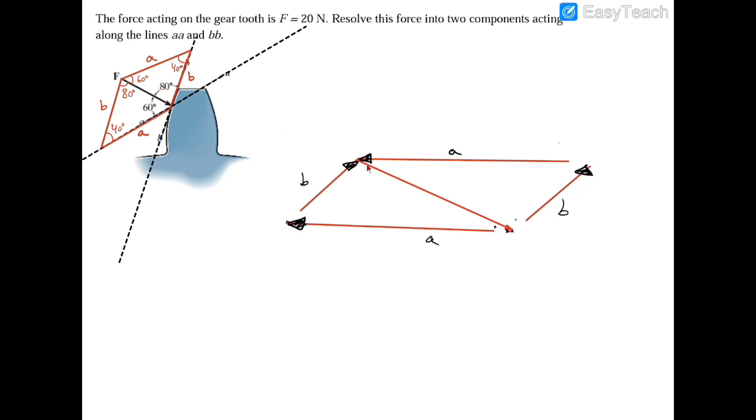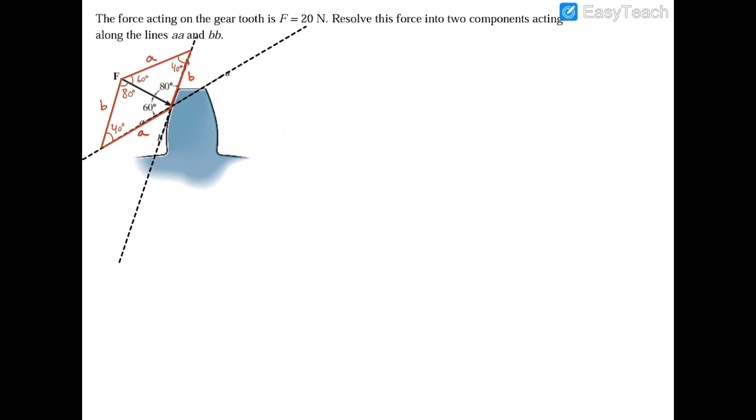So B has to be pointing down, which means A has to be pointing to the right. So now let's go ahead and mark this up on our parallelogram. So we have B pointing in that downwards direction, the negative B axis, and then we're going to have A pointing to the right in the positive A axis.